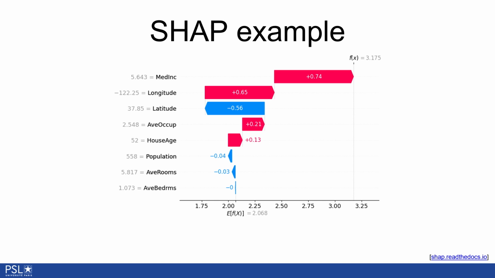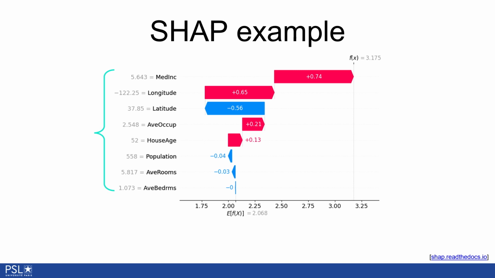SHAP provides an explanation for the difference between the output and the average output in terms of a list of feature contributions sorted from the highest to the lowest when going from up to down. In this case, the highest positive contribution is due to median income, followed by longitude, which was, however, offset by a negative contribution of latitude.